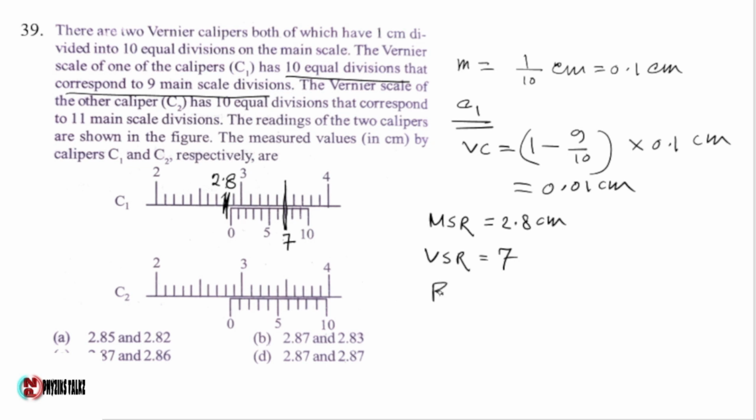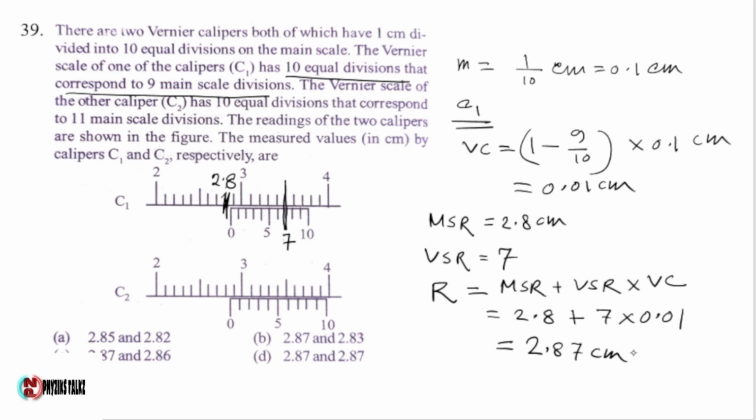So the reading is R equals MSR plus VSR into VC, which gives 2.8 plus 7 into 0.01 equals 2.87 centimeter. This is the value of the first vernier scale.